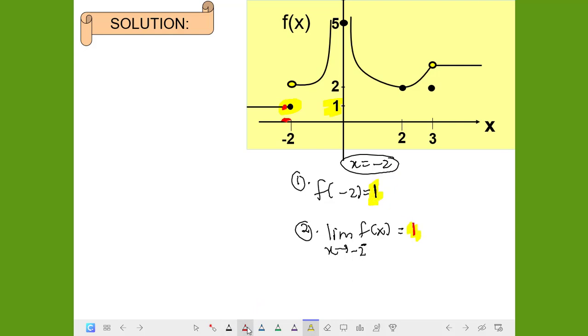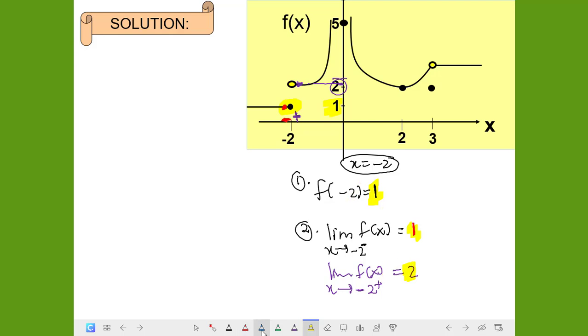And find the limit of this function as x approaches -2 from the right. Here there is no graph; the graph is here, so the value is equal to 2. And check, this is not equal to 1. We can conclude that this function is not continuous.